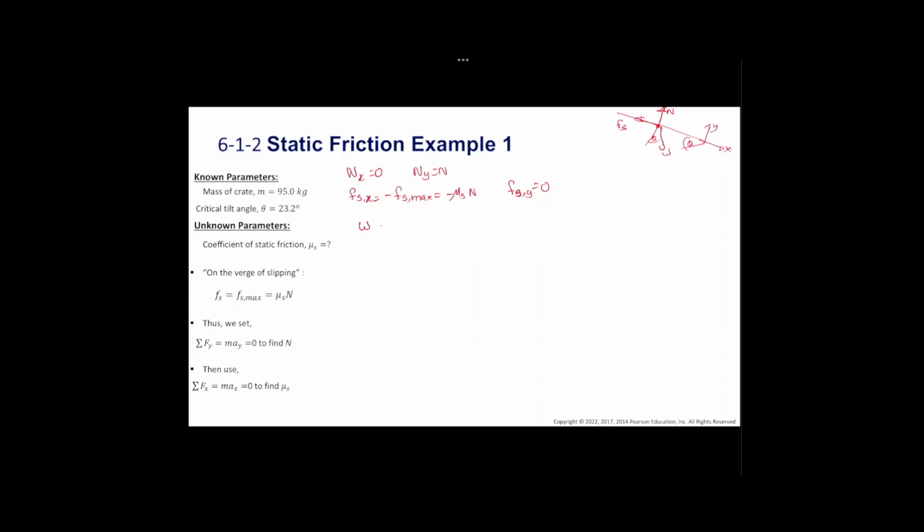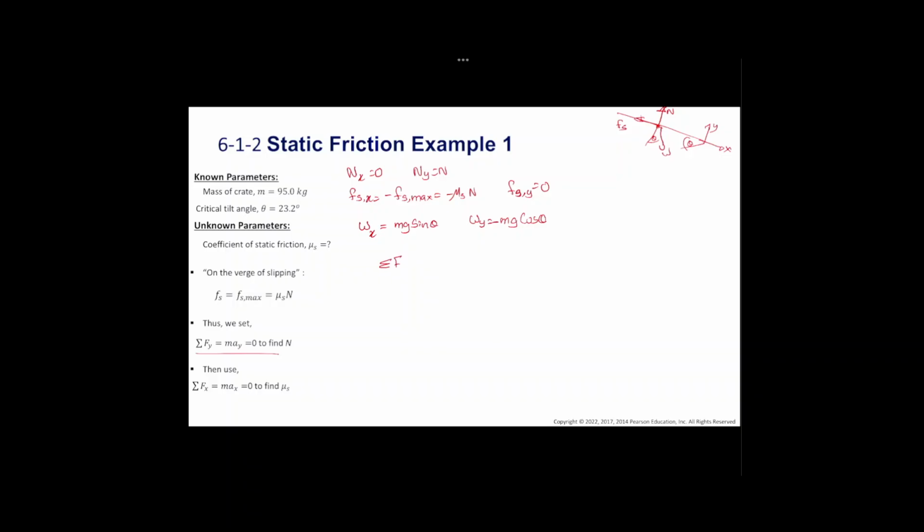But for weight we have both x and y components. The x component is w sin theta, and w is equal to mg, therefore it is mg sin theta. Then the y component is w cosine theta, which is mg cosine theta, but it is negative because it is in the negative y direction. Now to find the normal force, as we discussed earlier, we use Newton's second law in y direction.